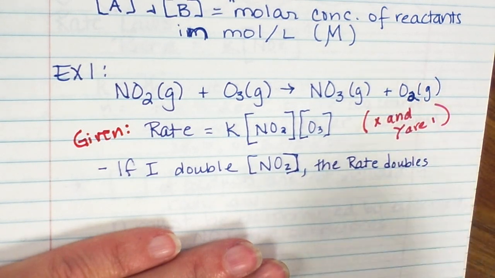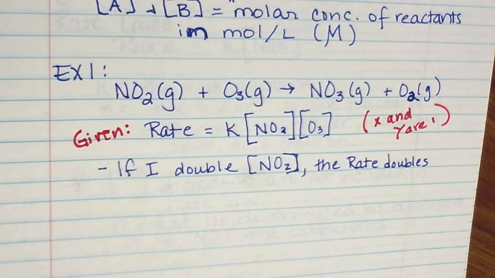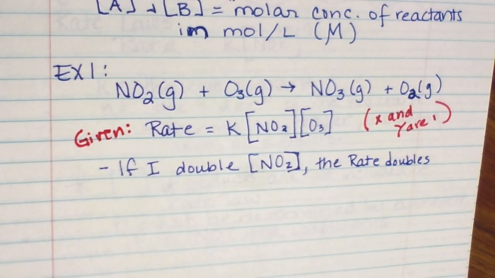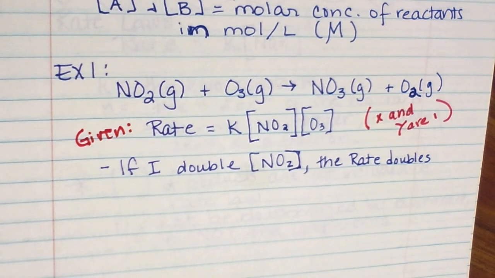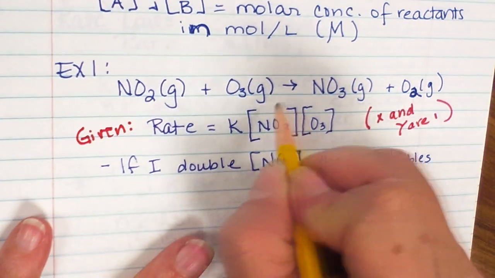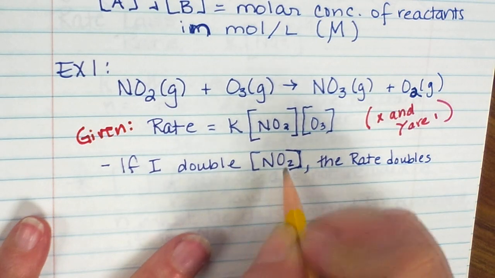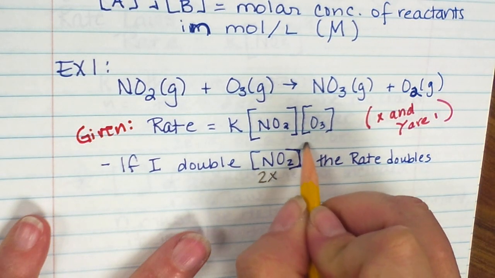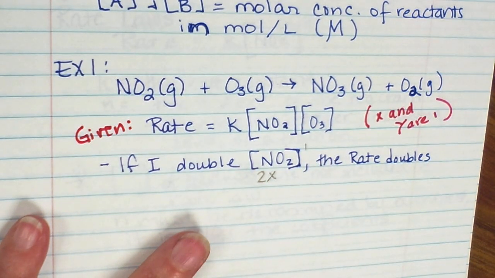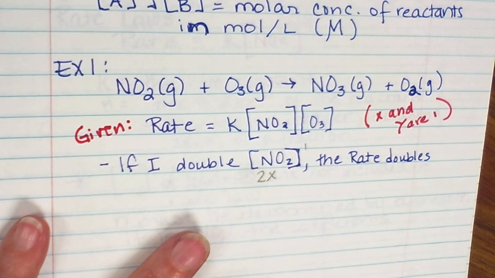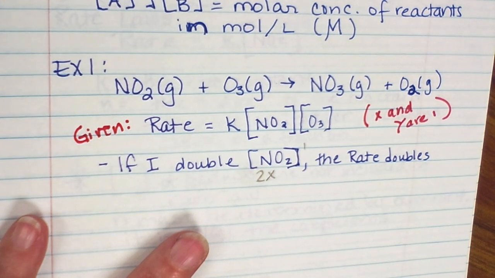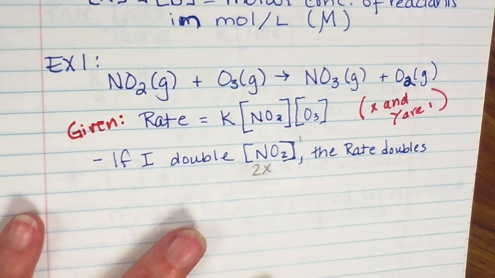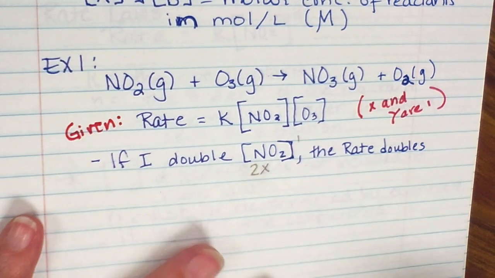Let's look at the math. If NO2 is X, and I double it to 2X, with the exponent at 1, I literally did not change it, because it's still 2X. So my rate went up by a factor of 2.